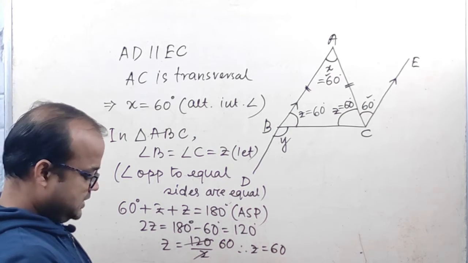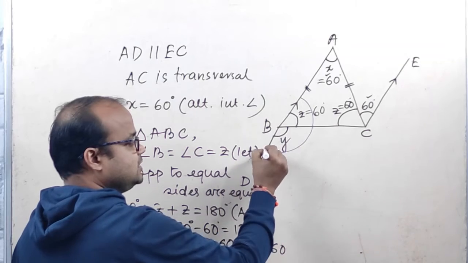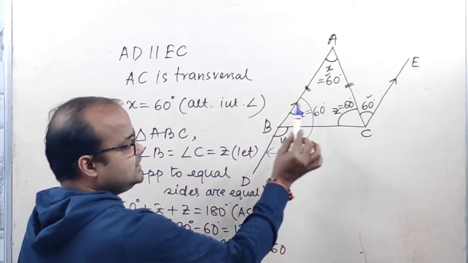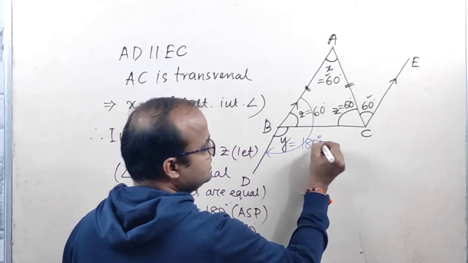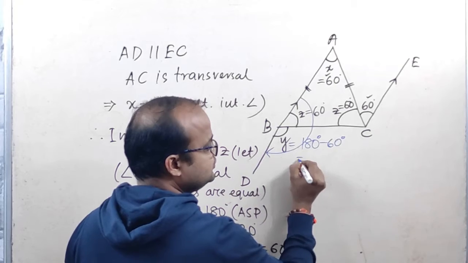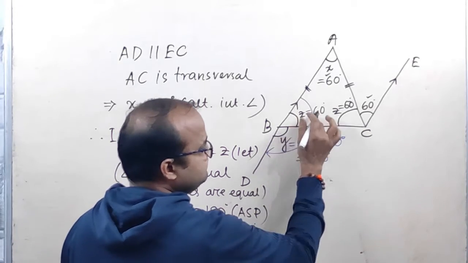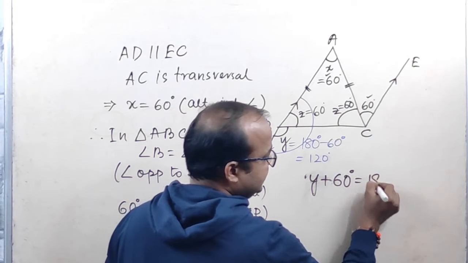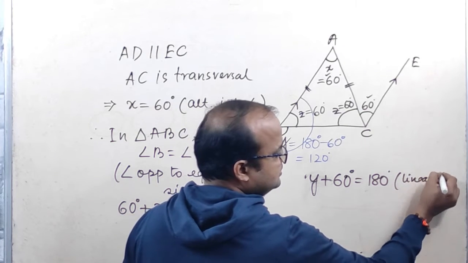Now sum of these two angles equals to 180 degree, linear pair. So if one angle is 60, the other will be equal to 180 minus 60, which is equal to 120 degree. So we can say that y plus 60 equals to 180 degree. Reason: they are linear pair.